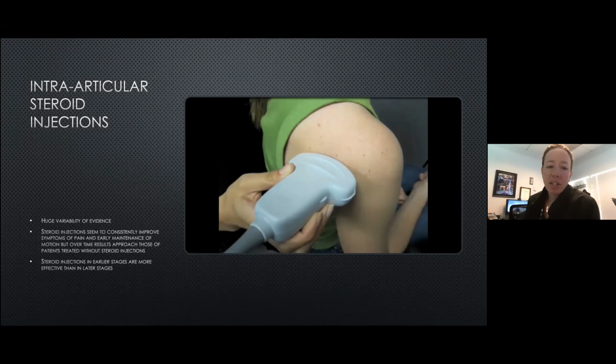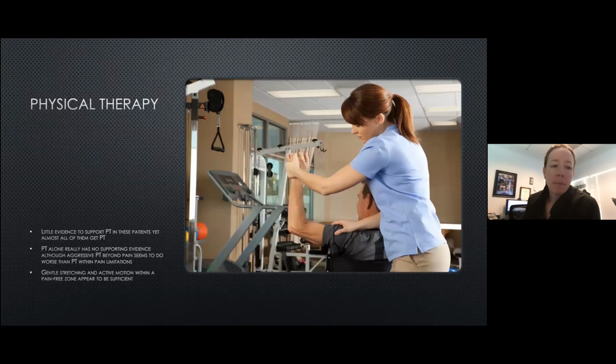Steroid injections in earlier stages seem to be more effective because you're treating inflammation rather than the fibrosis and the scarring. So physical therapy, almost any intervention supports using physical therapy, and almost all of them get some. Physical therapy alone doesn't necessarily do better than physical therapy with other interventions and may actually do worse, particularly if you push them to the level of pain.